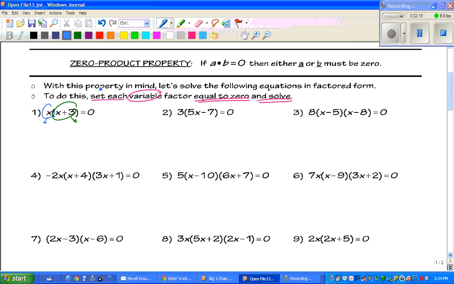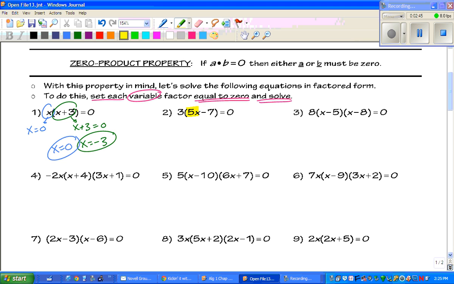We have two, so each one we set equal to 0 and then solve it. Well, we only have to solve the one on the left or the right because we know x equals 0, and then if we subtract 3 from both sides, we get x equals -3. The number of factors we have is the number of answers we're going to have.